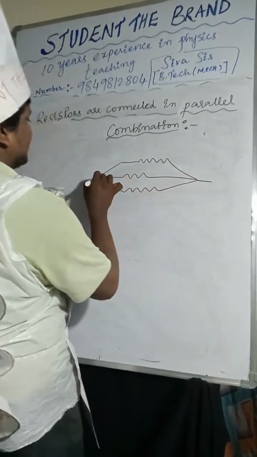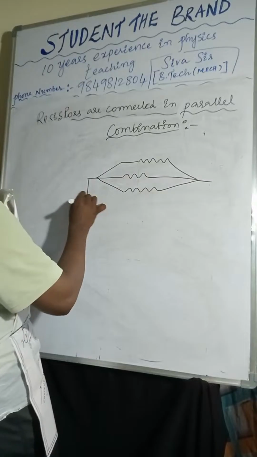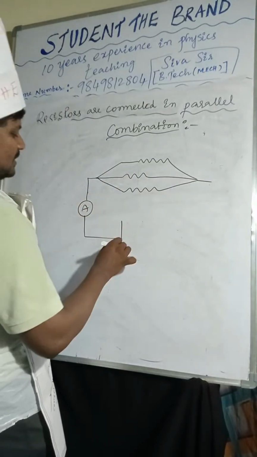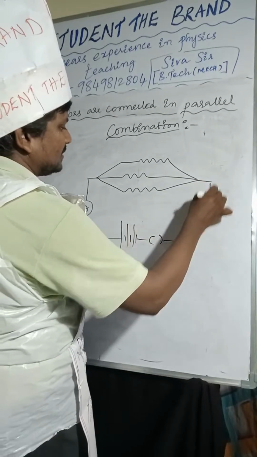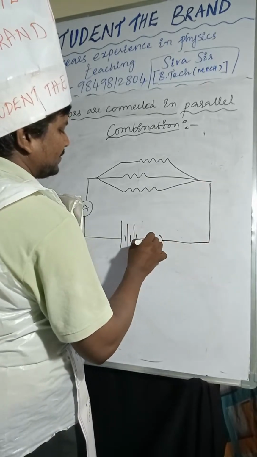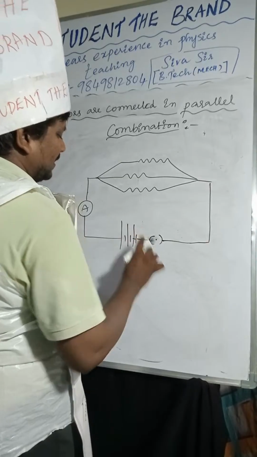These three resistors are connected in such a way that the potential difference across each resistor is the same. Current is flowing, with a positive terminal and a negative terminal.